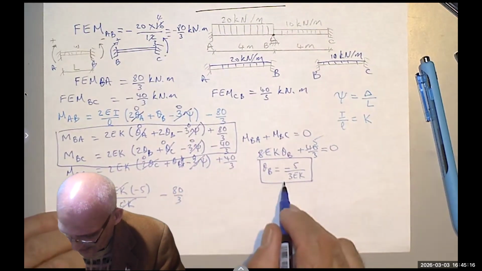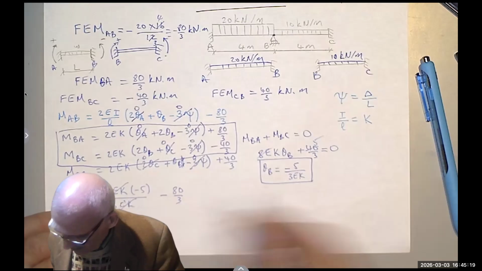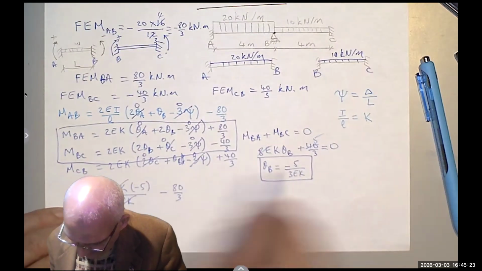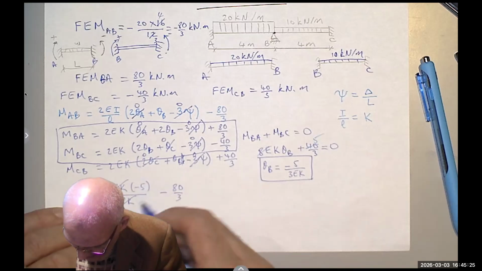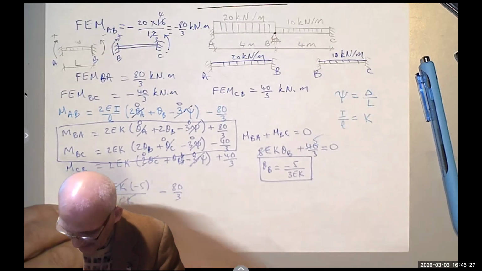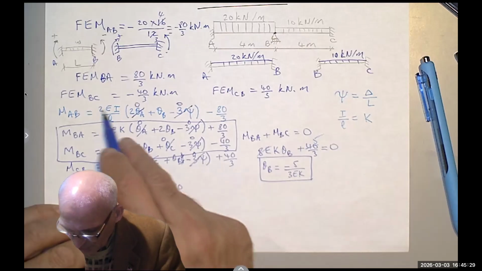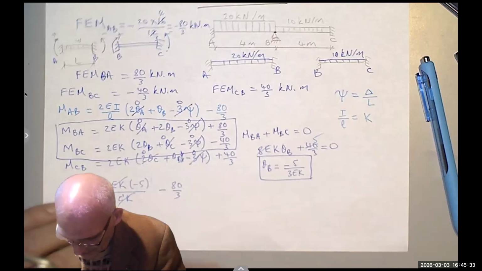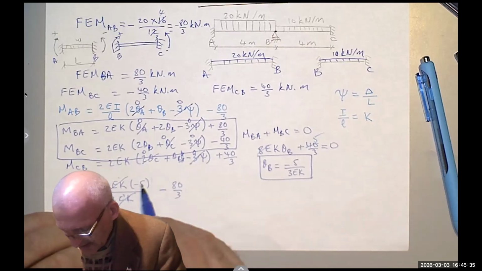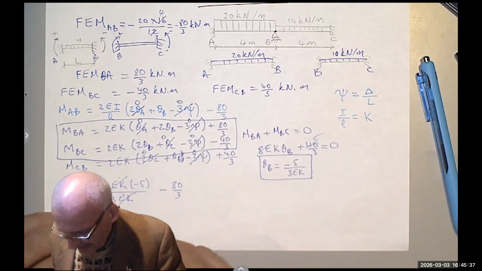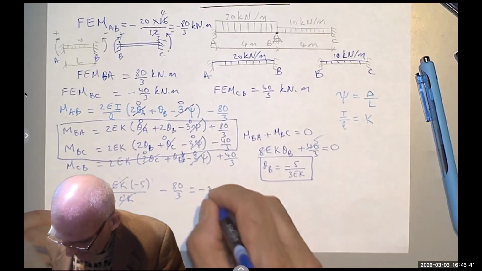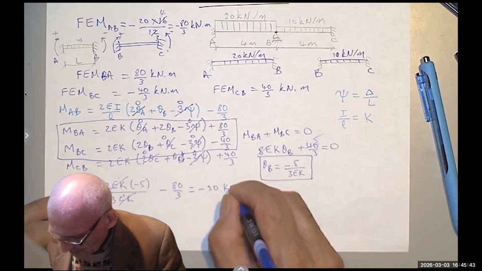I didn't divide by 3 at first. So theta B is negative 5 over 3EK, and then I have 2EK theta B. So these cancel. You get 2 times negative 5 is negative 10 thirds and negative 80 thirds. So it's negative 90 thirds, or negative 30 kilonewton meter.